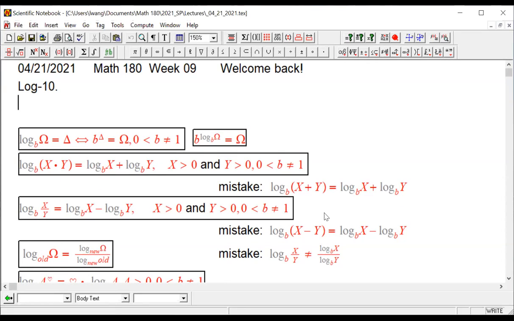Okay, we have all of these in the boxes, the correct ones, and the mistakes are pointed out. So log 10, let's practice.